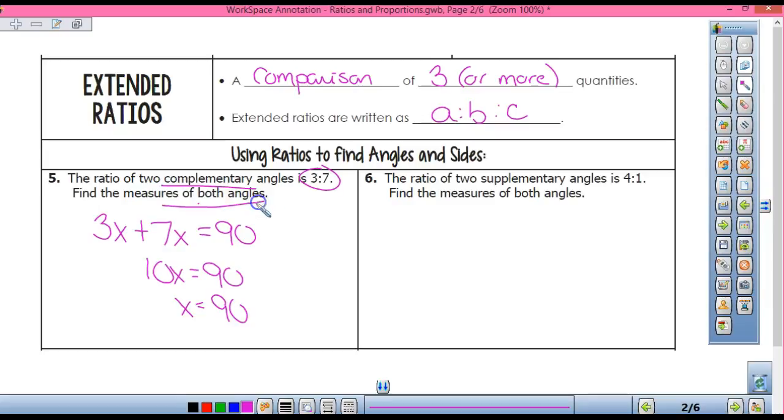They want my angle measures. Oh, not 90. 9. So now you just plug them in. 3 times 9 is 27, so one angle is 27 degrees. The other one is 7 times 9, 63 degrees. So my two angles are 27 degrees and 63 degrees.